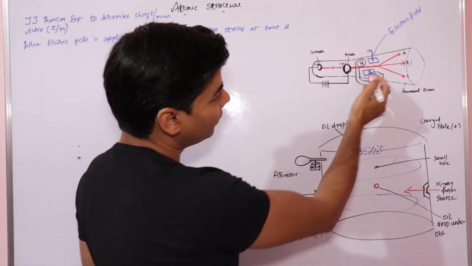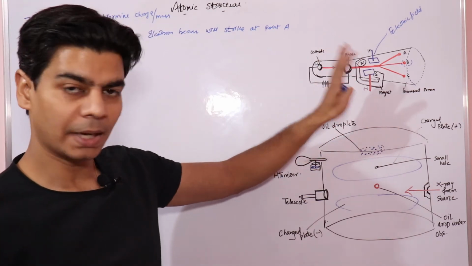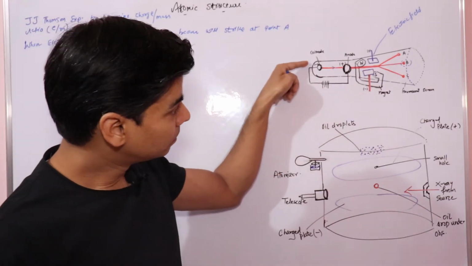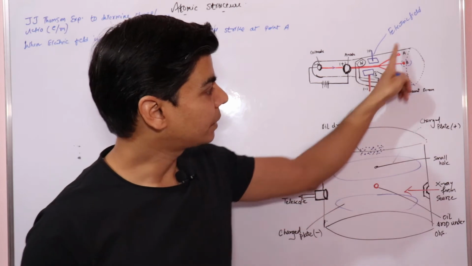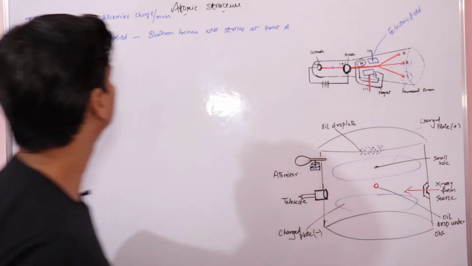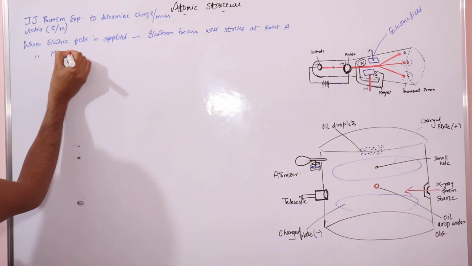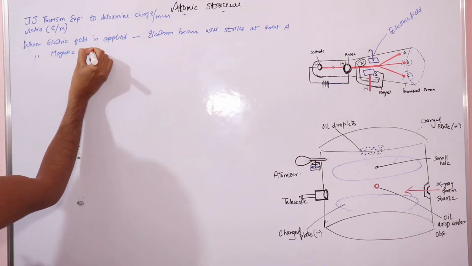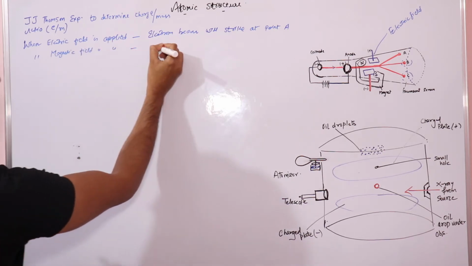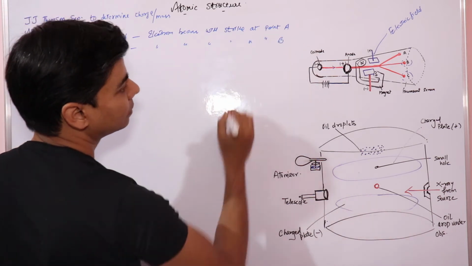Now when there is no electric field and only the magnetic field is present, this beam of electrons will strike the fluorescent screen at point C here, right.